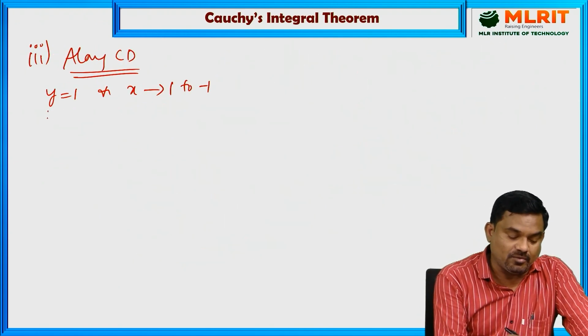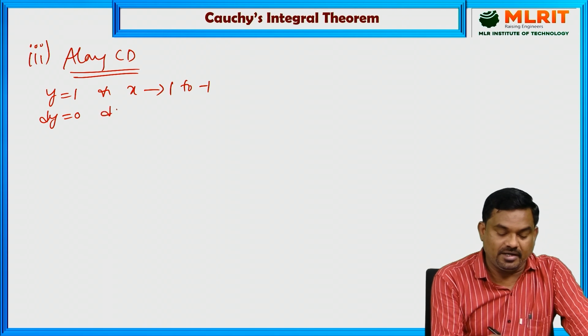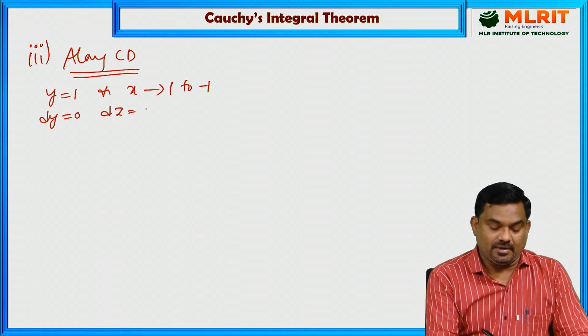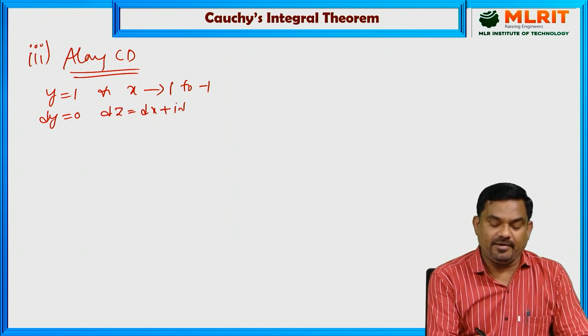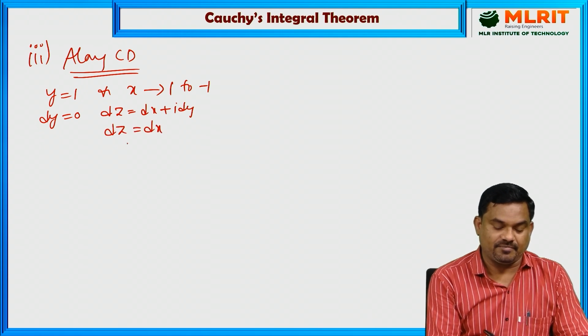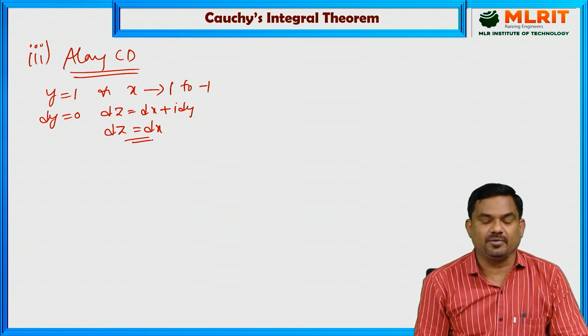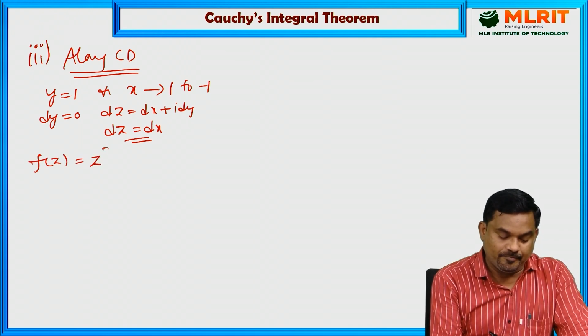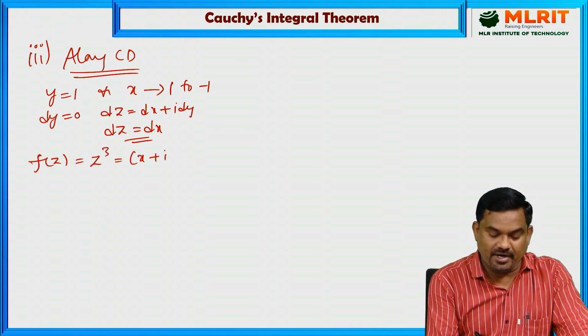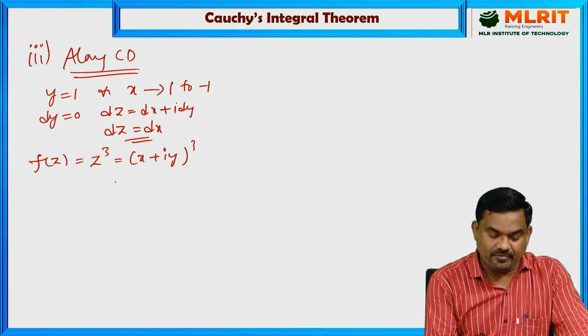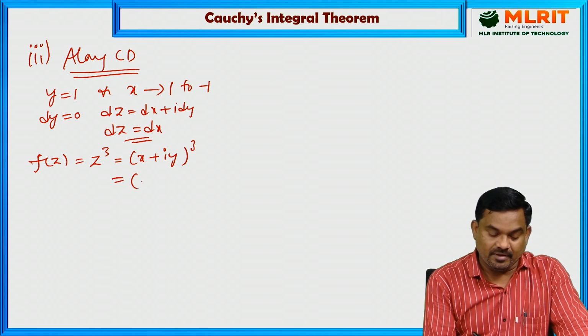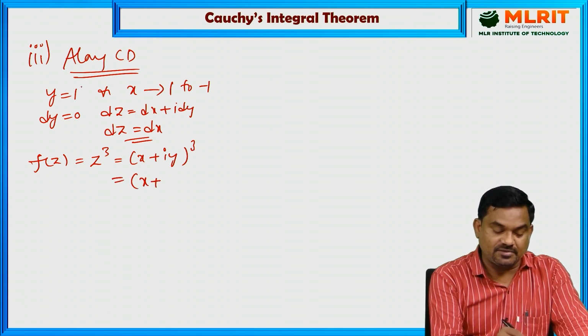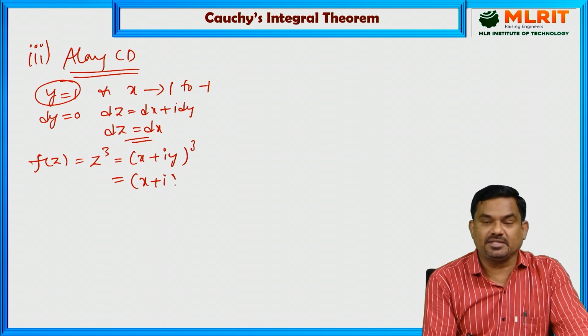Since y equal to 1, dy is 0 and dz is dx plus i dy. So dz will be dx itself since dy is 0, and f of z is z cube, x plus iy whole cube, which is, since y equal to 1, x plus i whole cube.